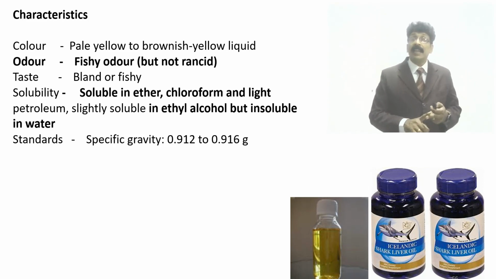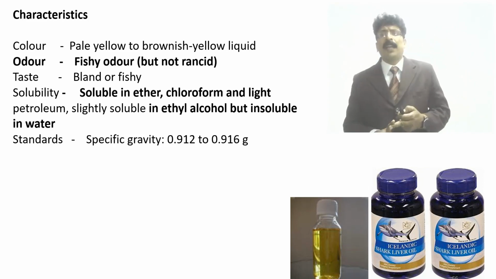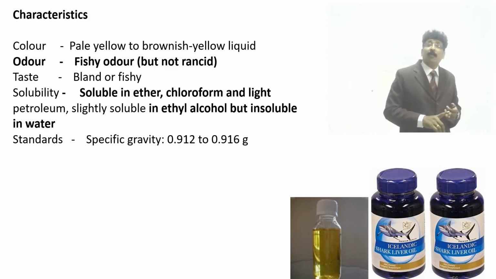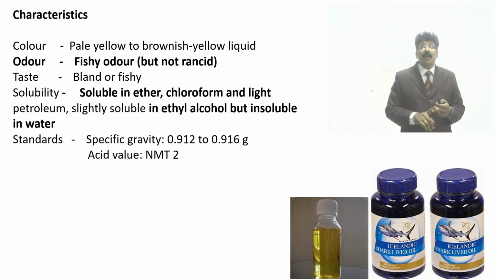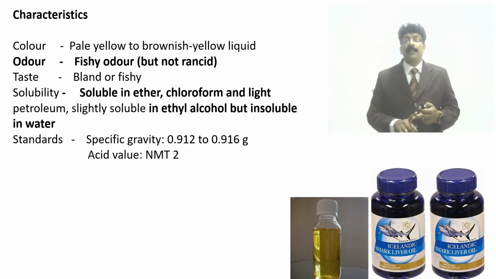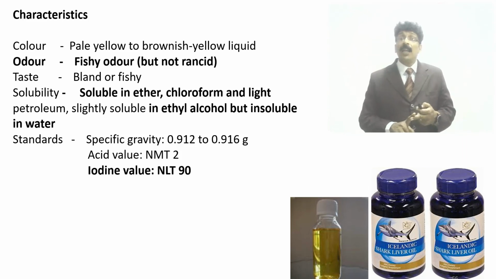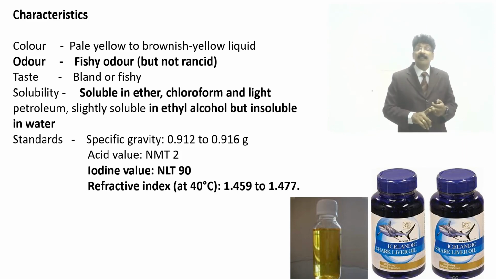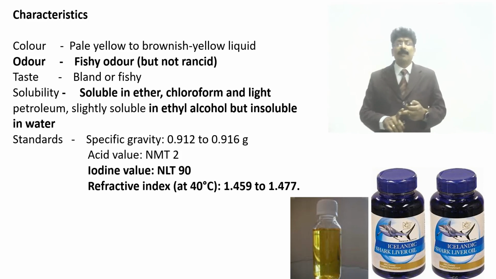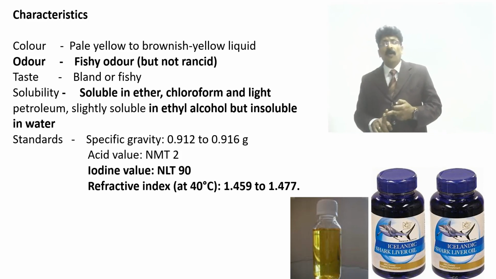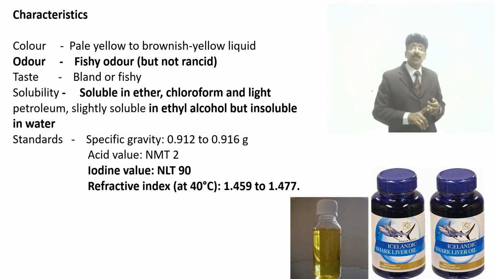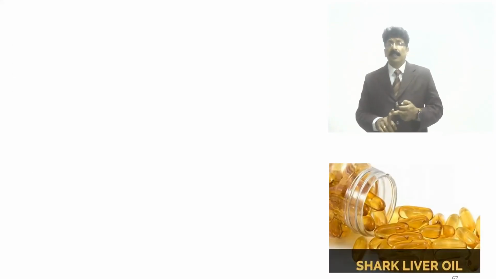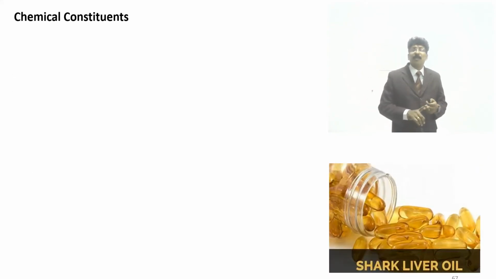Standards: specific gravity 0.912 to 0.916 g, acid value not more than 2, iodine value not less than 90, refractive index at 40 degrees centigrade 1.459 to 1.477. These are the capsules of shark liver oil which are available.